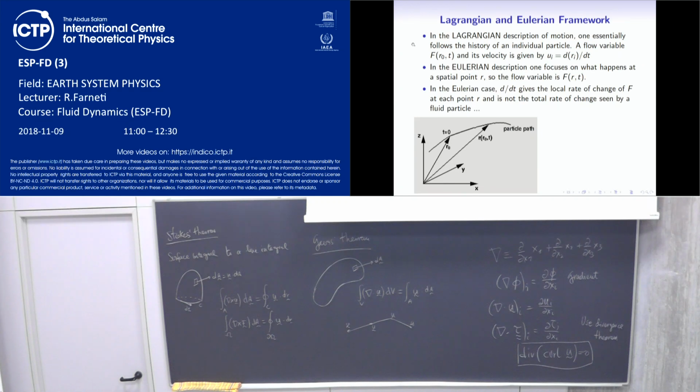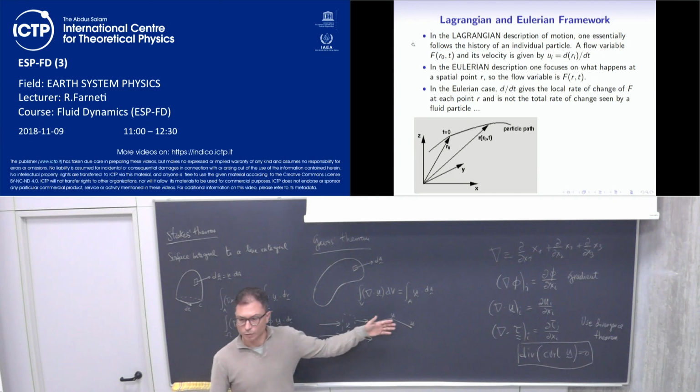Whereas in the Eulerian description, one focuses on what happens at a special point. As opposed to the Argo float that follows the flow, you are fixed in one position, so you're fixed here. And the fluid passes through your instrument or your frame of reference.